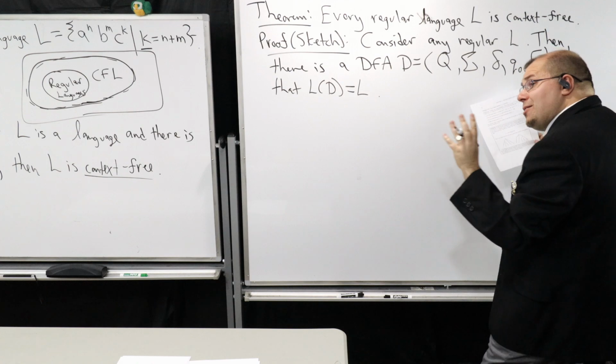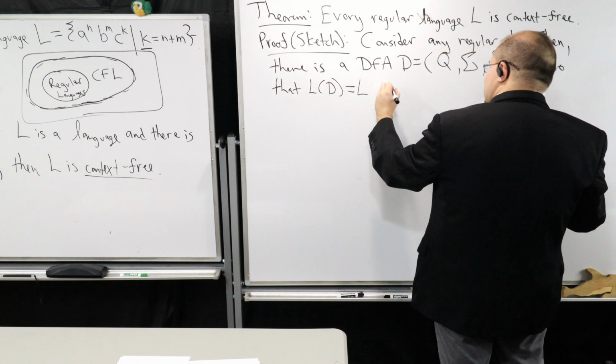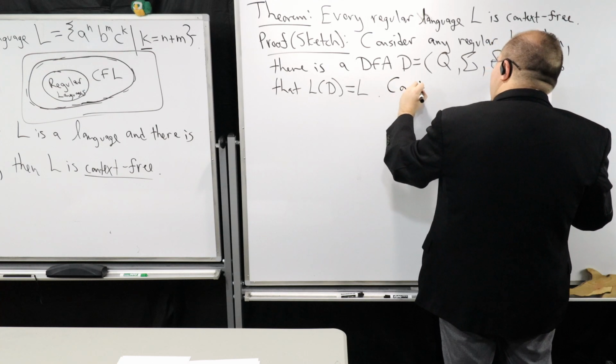The part I'm going to leave out in the proof is how you prove that it is indeed the case. I'm just going to show you the construction, but I'll tell you how you prove it.